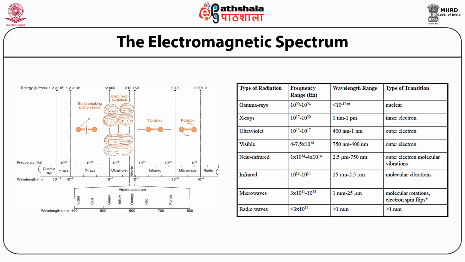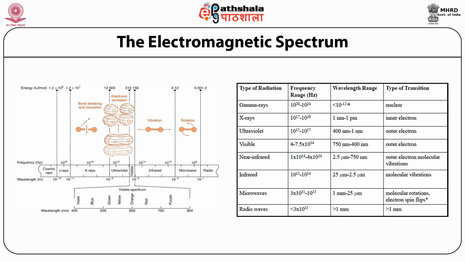The electromagnetic spectrum is arbitrarily divided into various regions, and the familiar visible portion of the spectrum, in the range 390 to 750 nanometer, constitutes only a small section of the full spectrum.